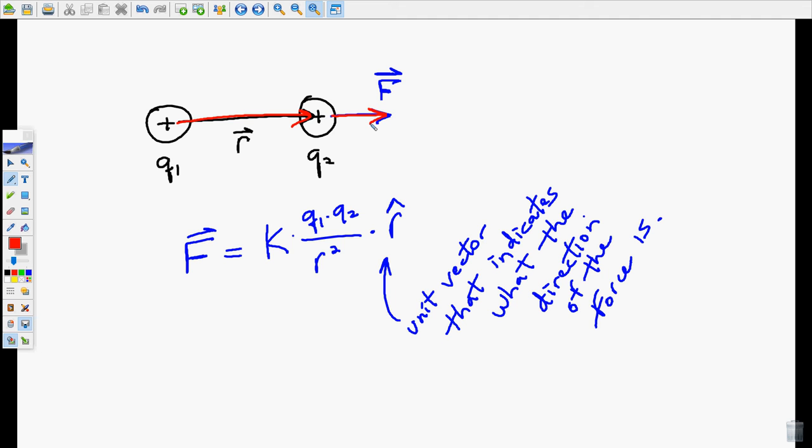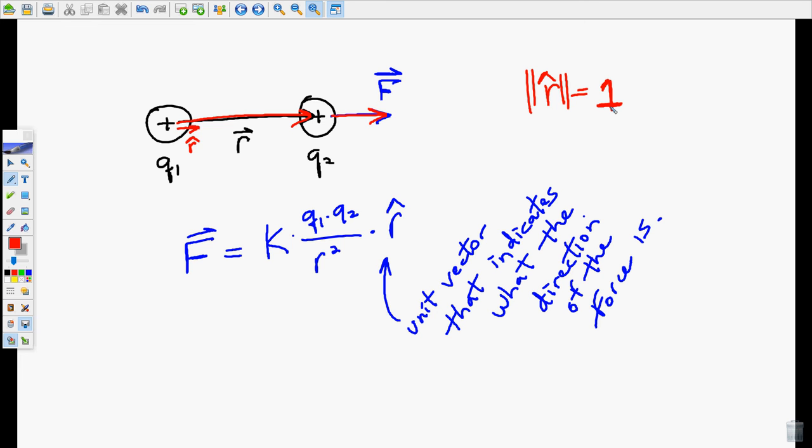And again, this unit vector r is just a baby unit vector in the direction of vector r, and the magnitude of unit vector r is 1.